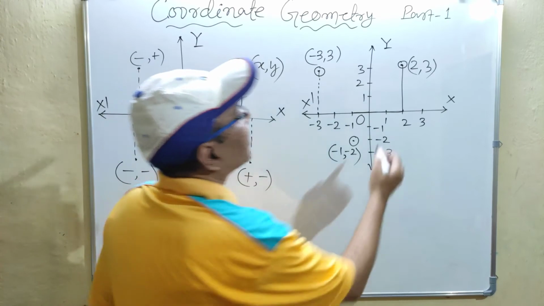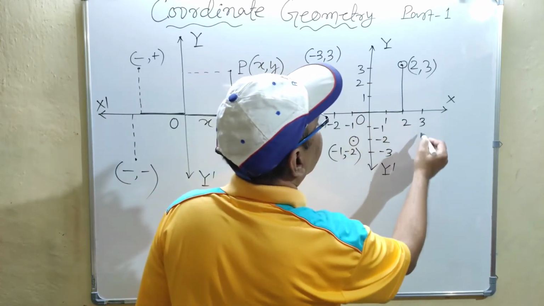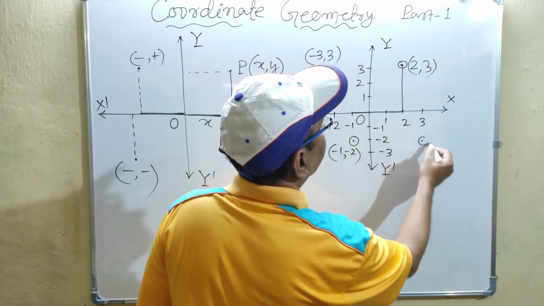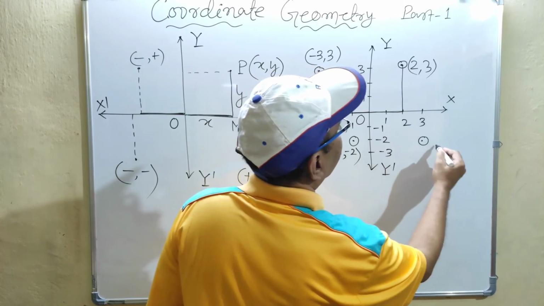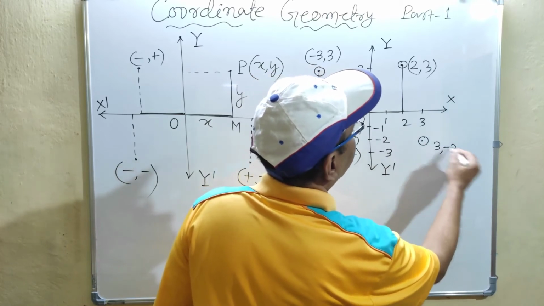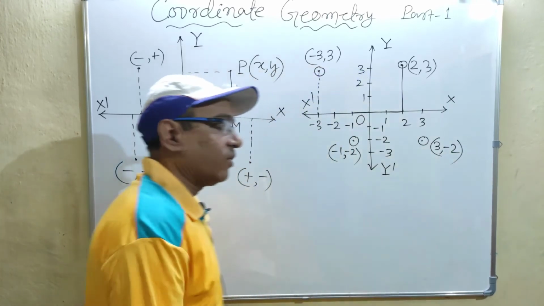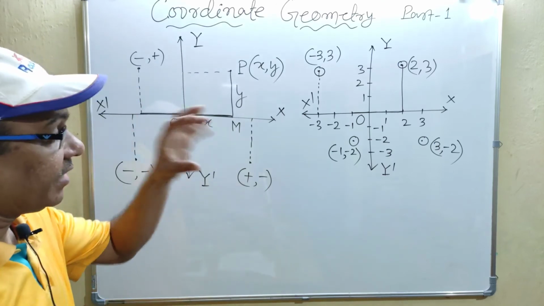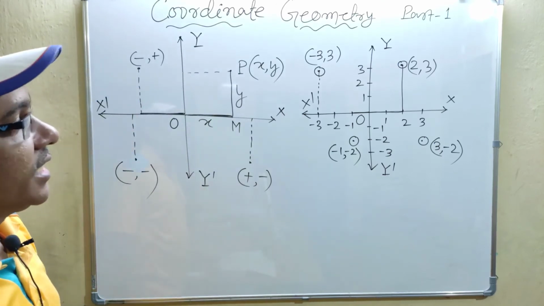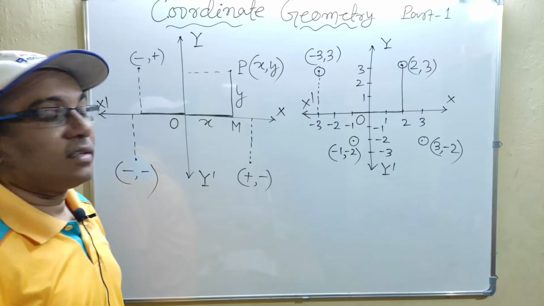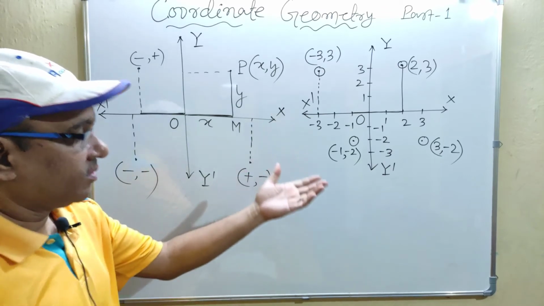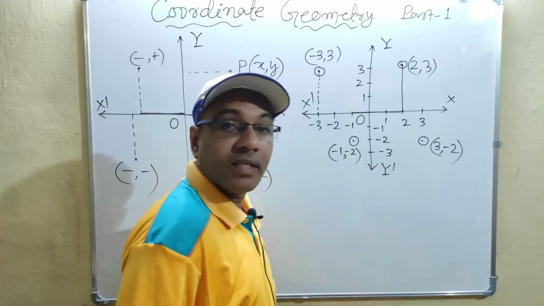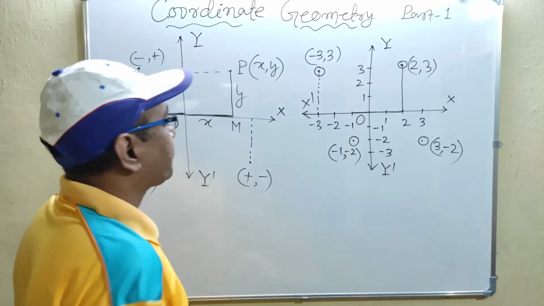If there is a point along x-axis at a distance 3, along y-axis at a distance -2, then this point will be written as (3, -2). Okay, so in this way, by writing coordinates, we can indicate the position of a point on the plane.